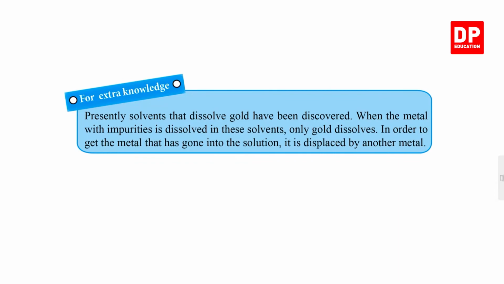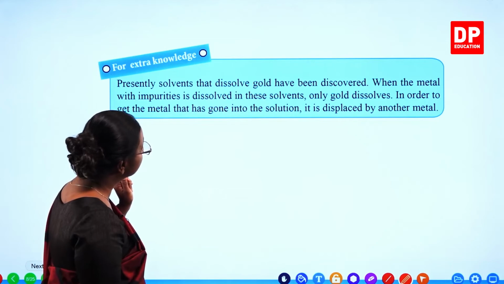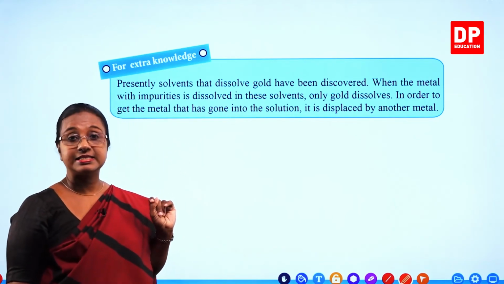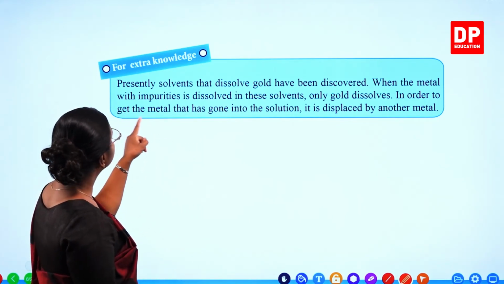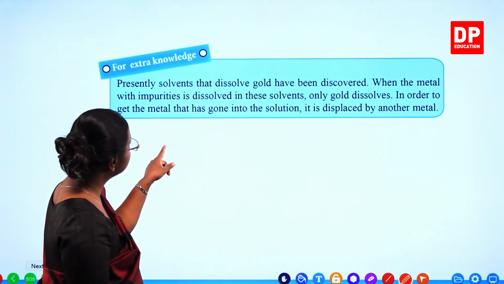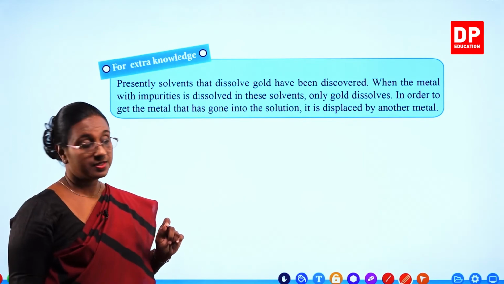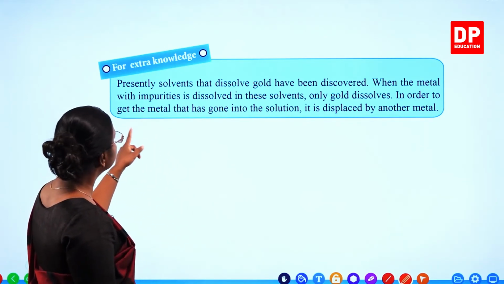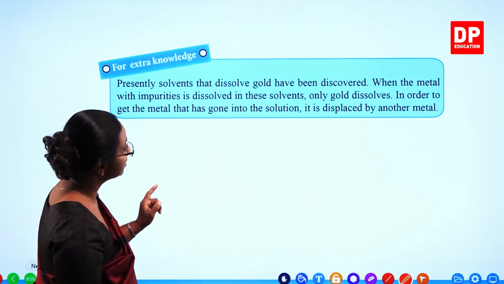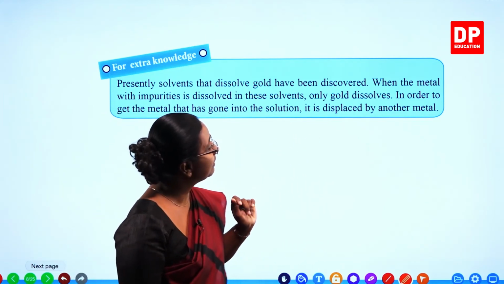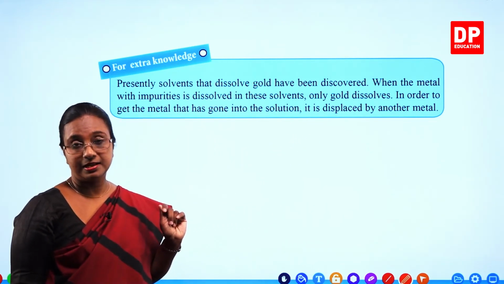Here, as I told you, for extra knowledge, solvents that dissolve gold have now been discovered. When the metal with impurities is dissolved in these solvents, only gold dissolves. To get back the metal that has gone into the solution, it is displaced by another metal.